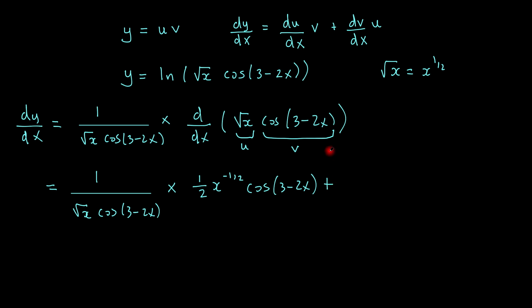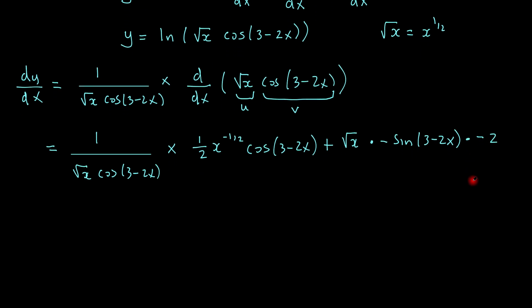That'll be plus dv by dx times u, so I'll put my u in here, which is root x, times, differentiating this part, minus sine(3 minus 2x), multiplied by differentiating the inner part, which gives me minus 2.